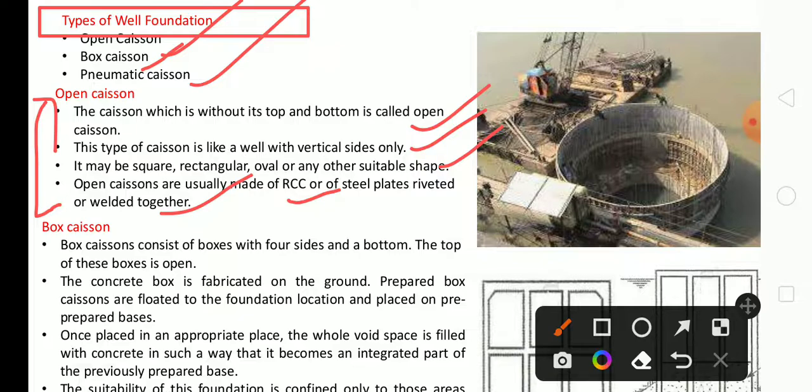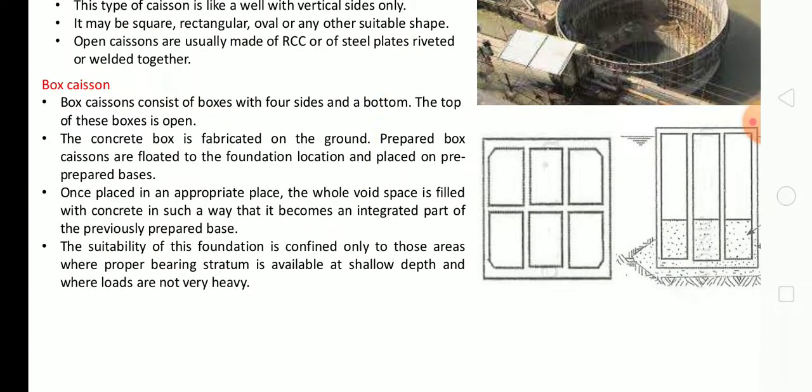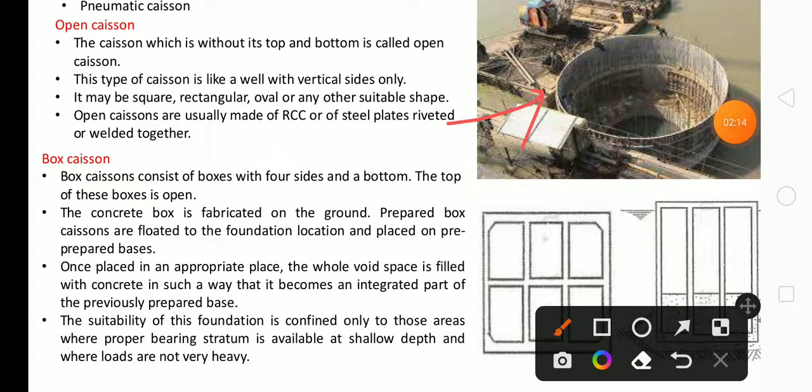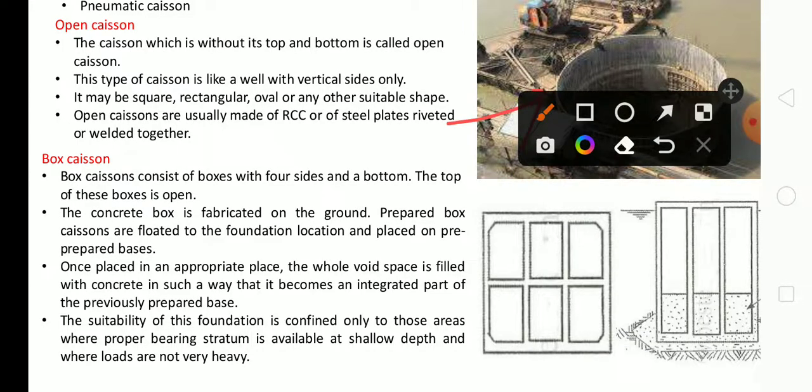This is the second type of well foundation, the box caisson. You can also see it in the figure, the box type foundation constructed here.